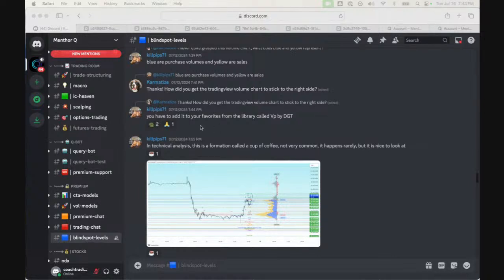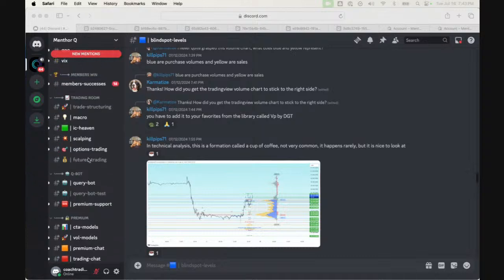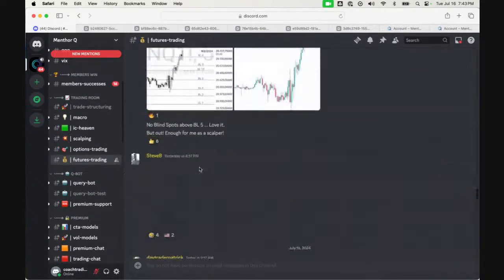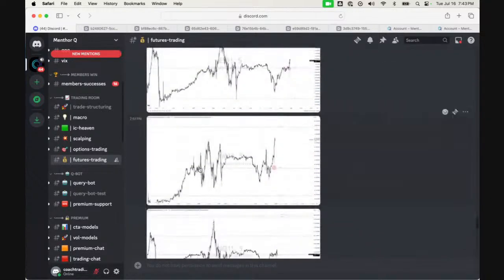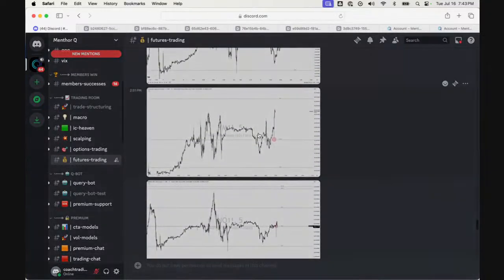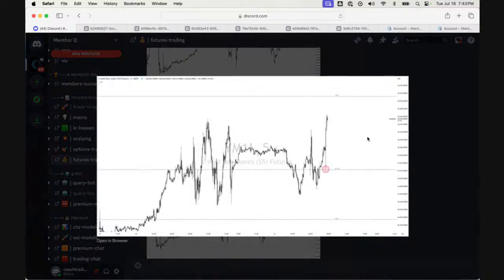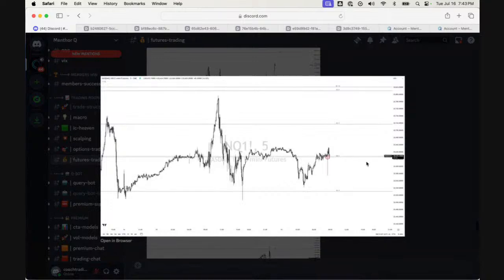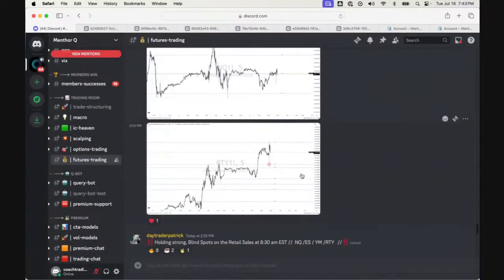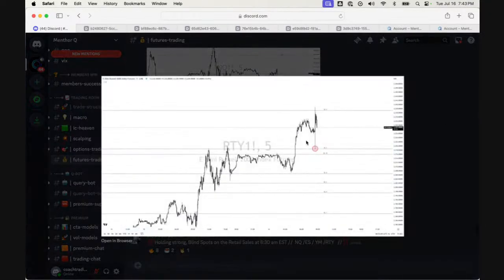If we look at futures trading, for example, let's see if we have some charts for today from Patrick. These are just plotting the blind spots, with a big retracement on one of the levels. Here we have NQ, an interesting chart. RTY, that's been great yesterday.